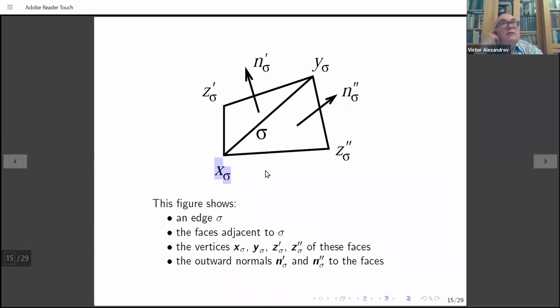So one and the same vertex will have different notations for different edges sigma. So in this sense, this notation is overdetermined.